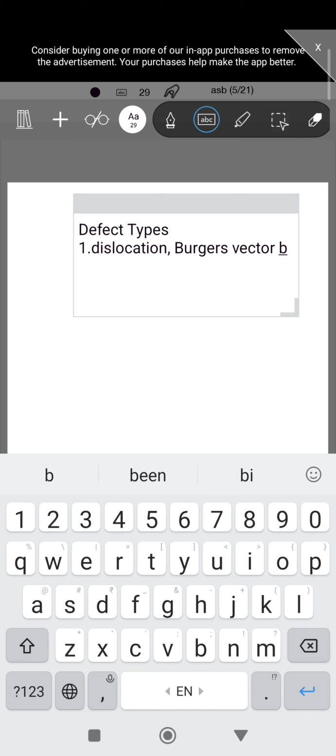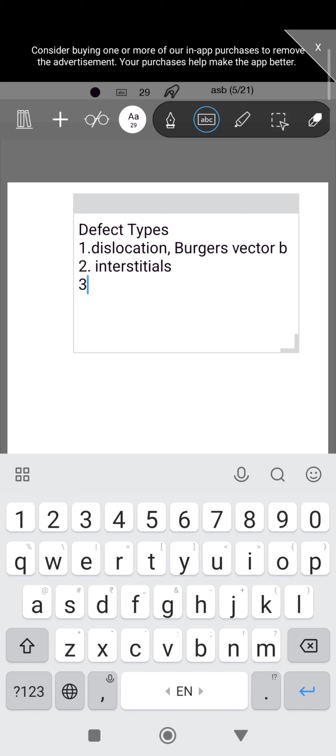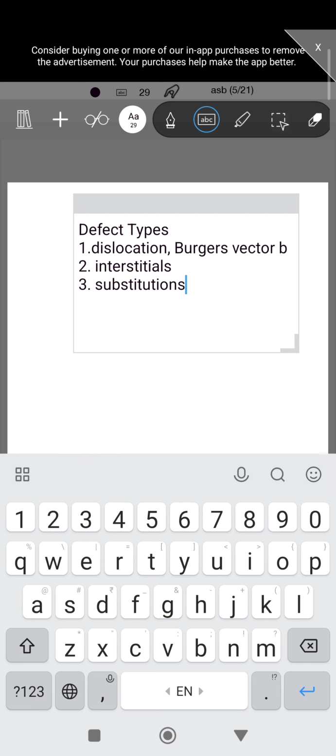Apart from these, there are other defects, like interstitials and substitutions.